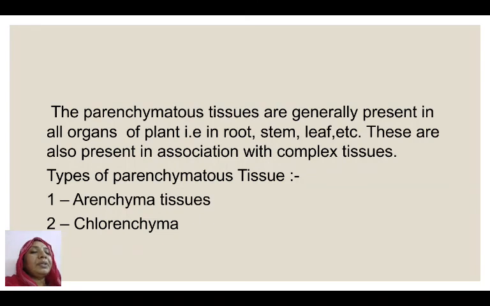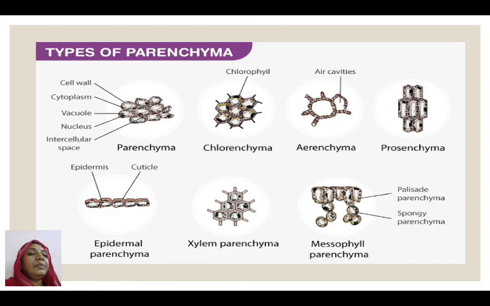This tissue is present in the leaf as well as in the herbaceous or green parts of the stem. Because of the presence of chlorophyll pigments in the parenchyma tissue, it is called chlorenchyma. It performs the function of photosynthesis.